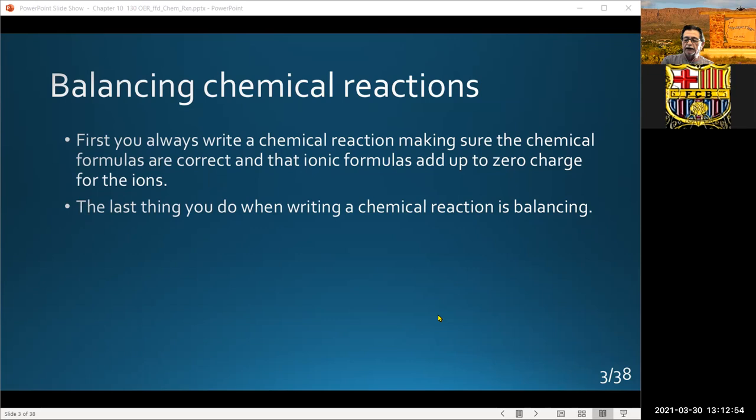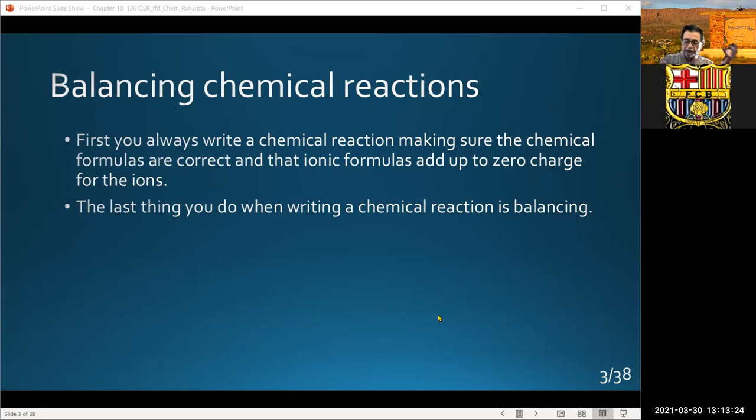Then, after we do that, because we're given the reactants, we'll be given the products, or we're going to determine what the products are from a chemical standpoint. Then we come back and we balance chemical reactions. Balancing means we make sure we have the same number of atoms as reactants and the same number of the same atoms as products.